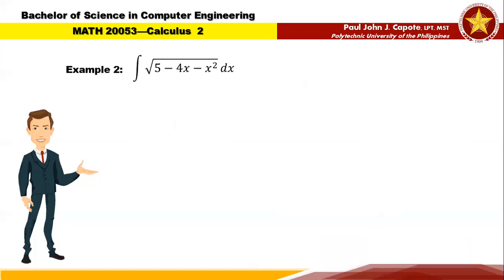Let's have example number 2. Evaluate the integral of the square root of 5 minus 4x minus x squared dx. We let our f of x equal 5 minus 4x minus x squared.